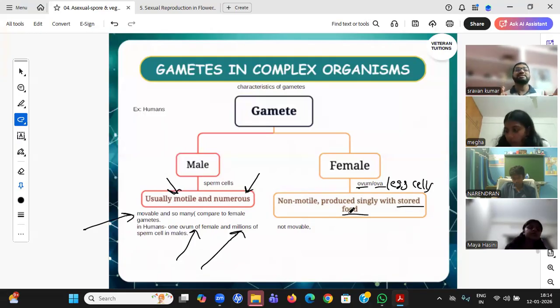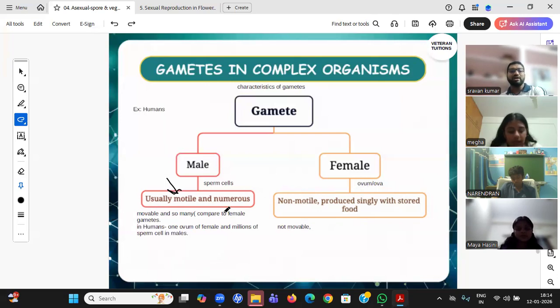That one egg cell has all the nutrients so that the zygote can be developed. Only that one cell has the entire environment to give nutrients and necessary conditions for the zygote to develop. So these are the characteristics of gametes for all complex organisms.